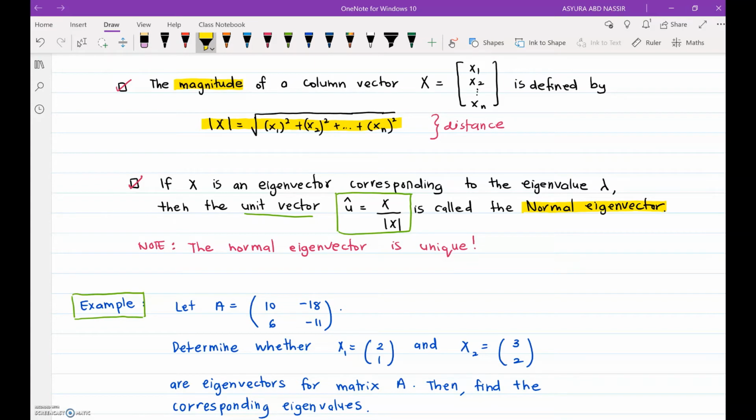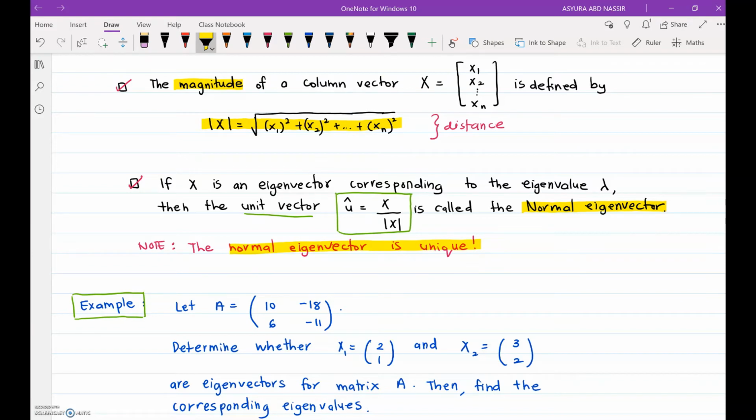If the question asks you to find the normal eigenvector, then you need to find x divided by the magnitude of x. Remember, the normal eigenvector is unique.